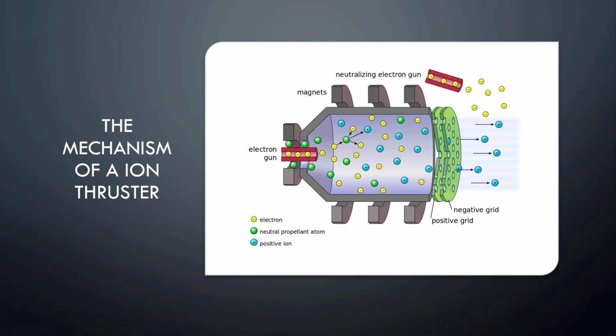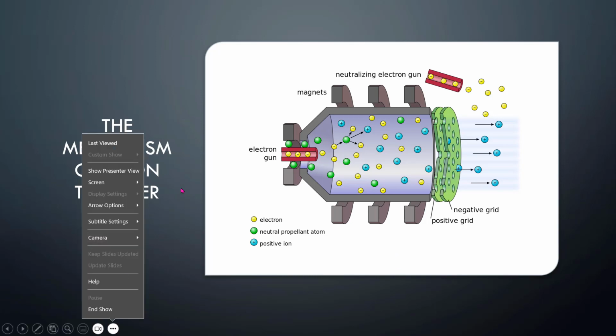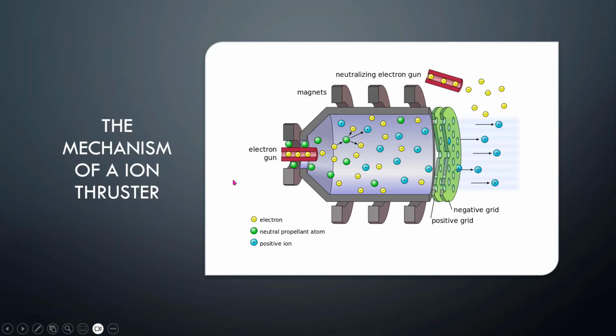So let's talk about the mechanism of an ion thruster. Here is the electron gun, and near it, we push the normal propellant atoms. These propellants are usually noble gases in an ion thruster.